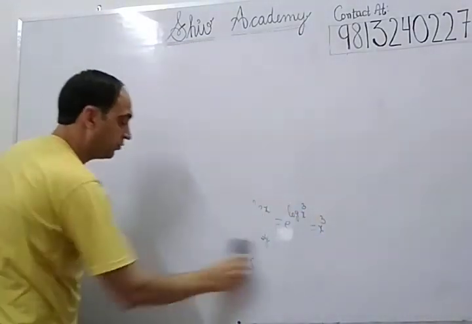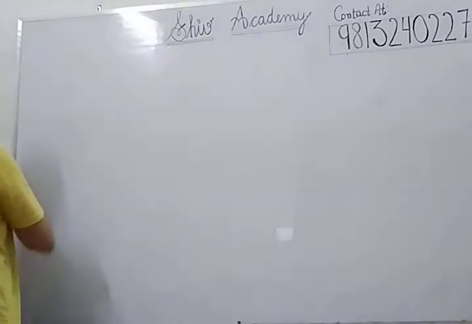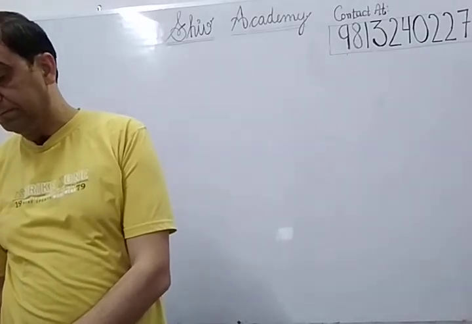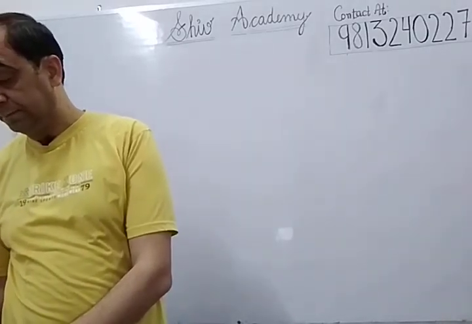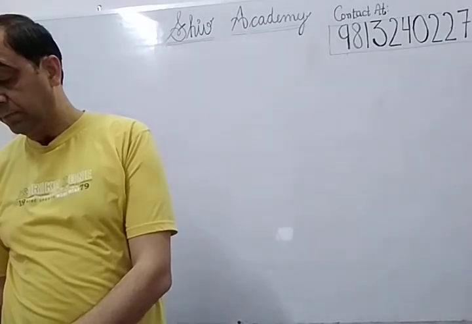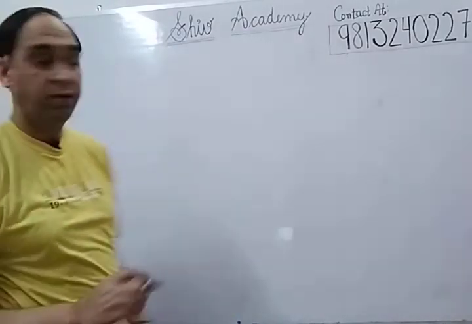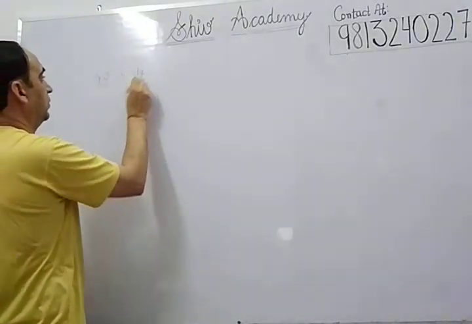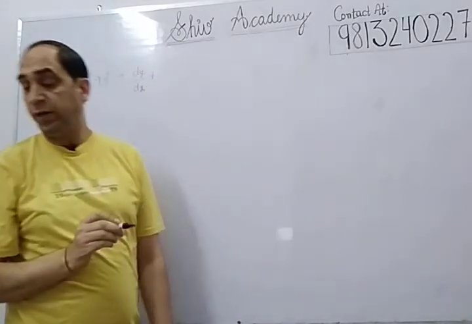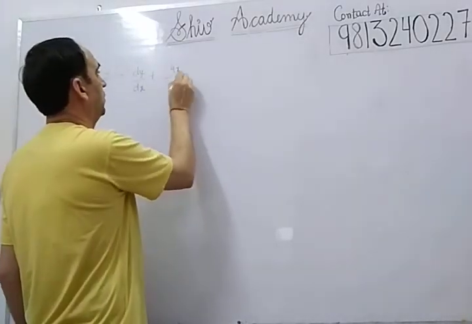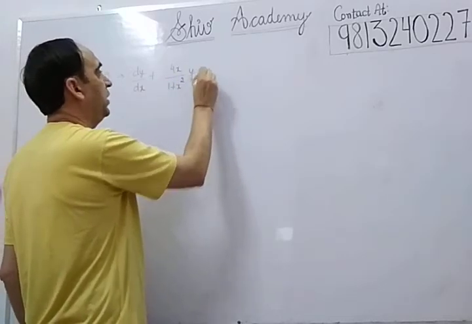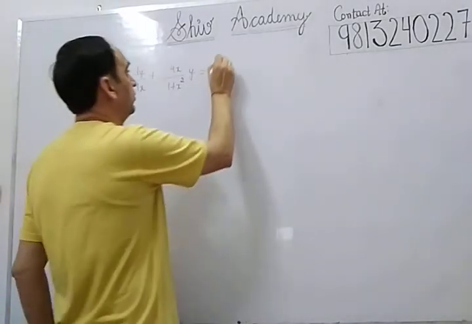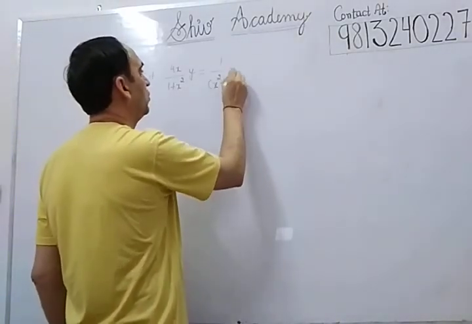I am taking one more example for your convenience. Question number 2: dy by dx plus 4x upon 1 plus x square into y is equal to 1 upon x square plus 1 whole cube.